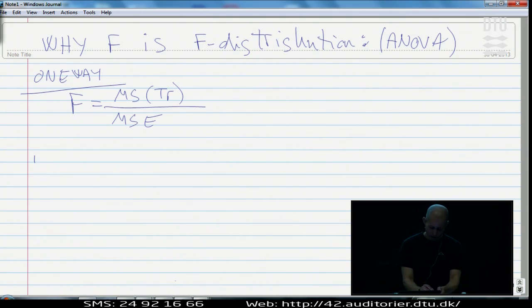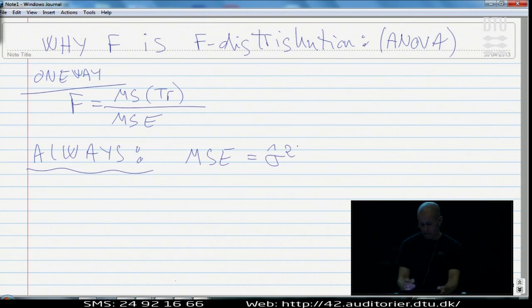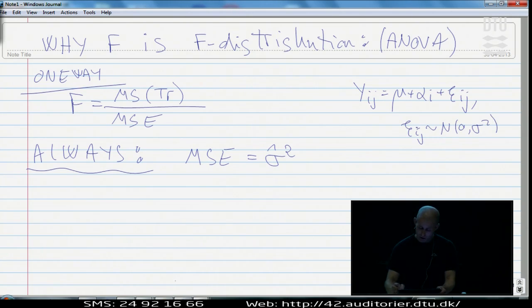I want to start out saying, by always I mean, the mean squared error. This is really an estimate of the underlying variability. And I should emphasize that we would have a model like this, where the residuals, or the errors, follow a normal distribution with some variance sigma squared, the same for each group.